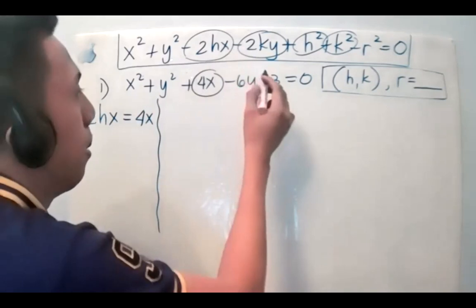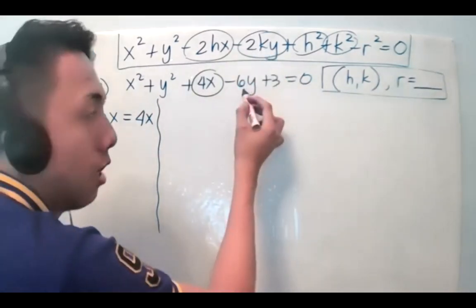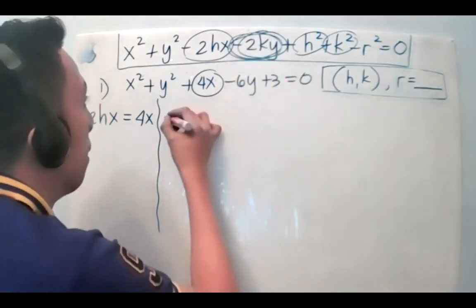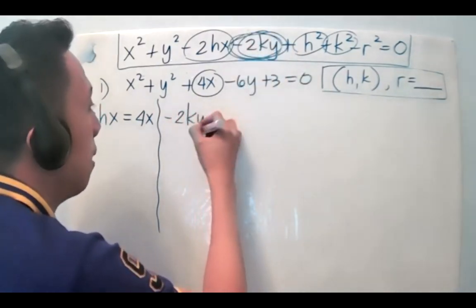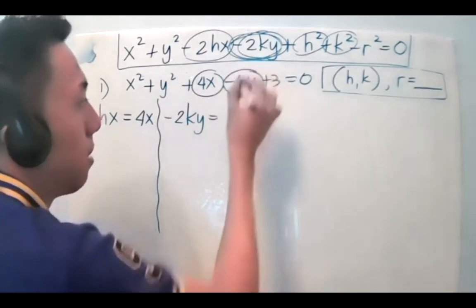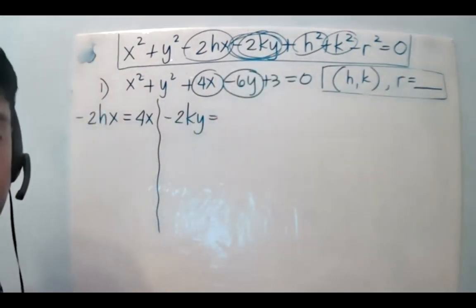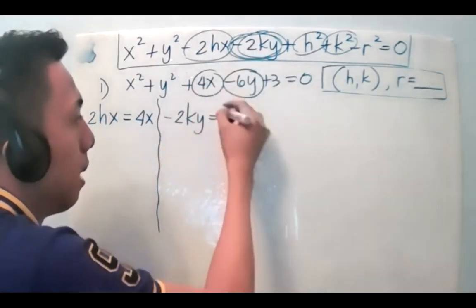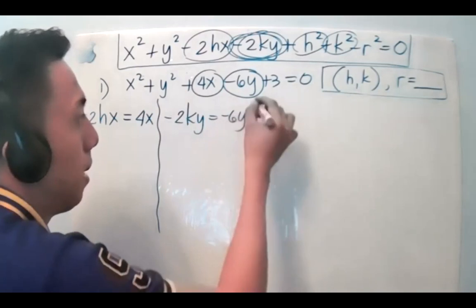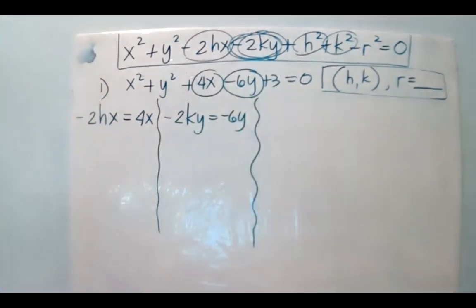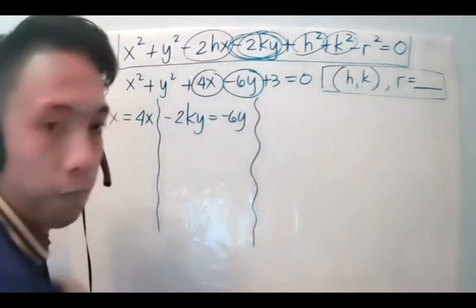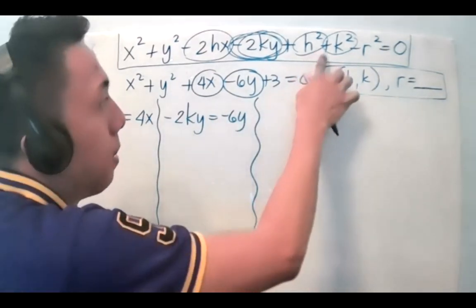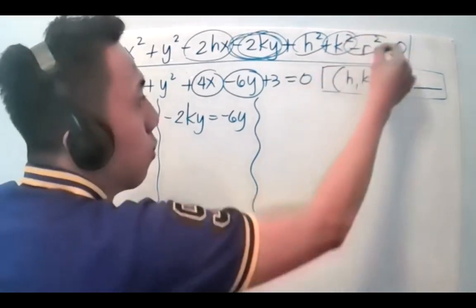Next. We have k and y. We have y here, so I will just copy this. Negative 2ky equals negative 6y, because it's the one with y. And then for the last one, we have h squared plus k squared minus r squared.